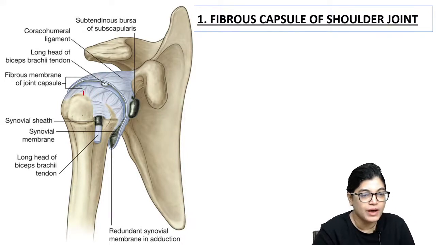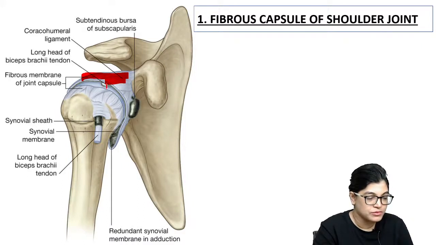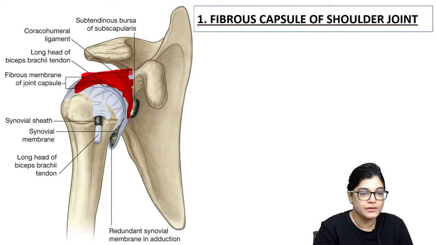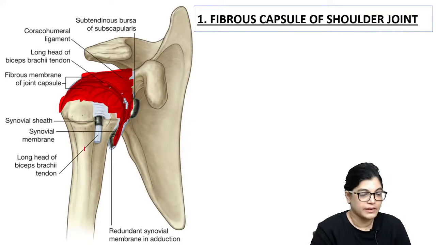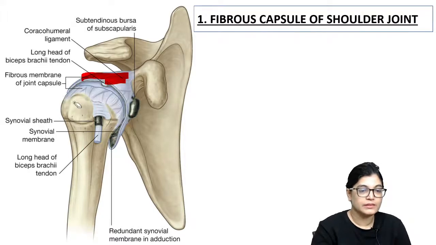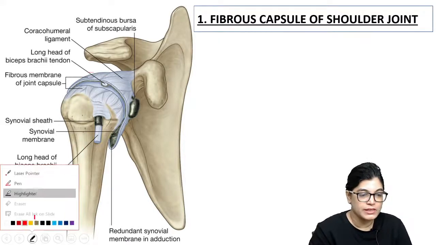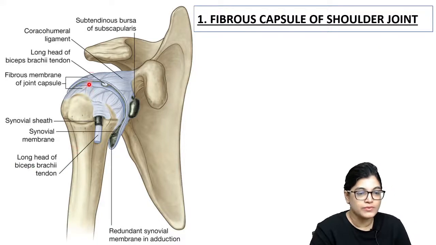This whole part is the fibrous membrane or the capsule, covering the joint, and lower down it is getting attached to the anatomical neck. So this whole is the fibrous capsule which is covering the entire joint cavity surface.